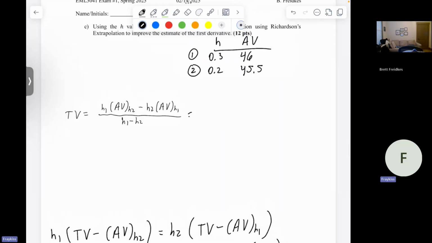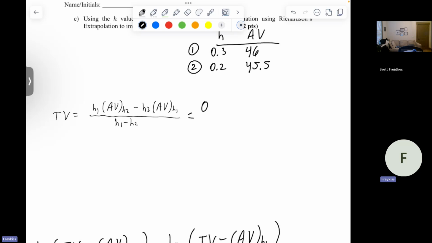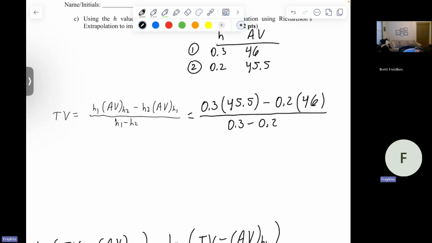This is going to be H1, which is 0.3, times the approximate value at H2, which is 45.5, minus H2, which is 0.2, times the approximate value at H1, which is 46, divided by H1 minus H2.